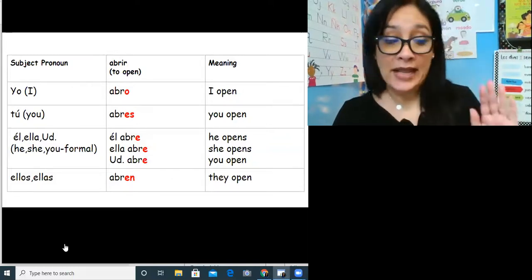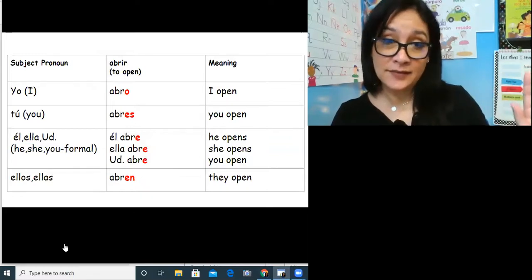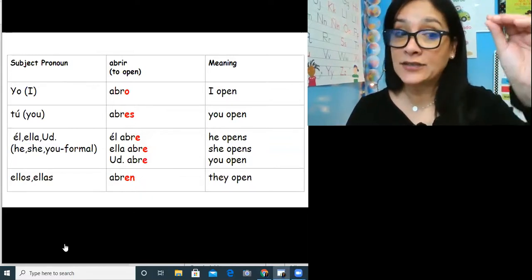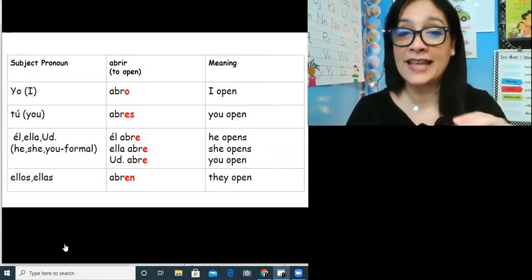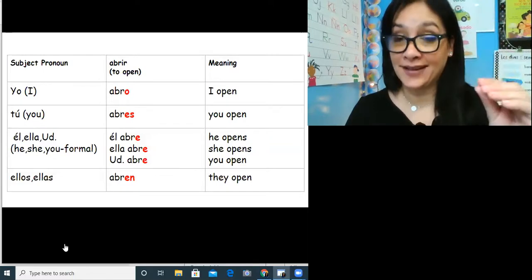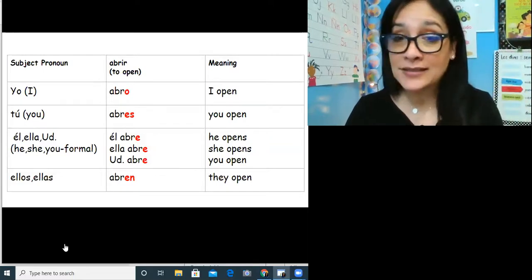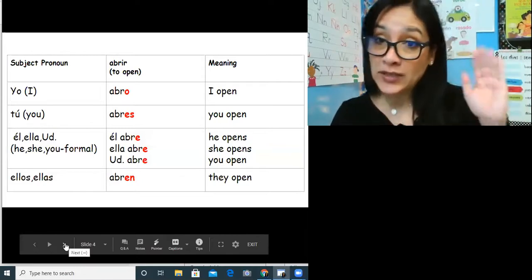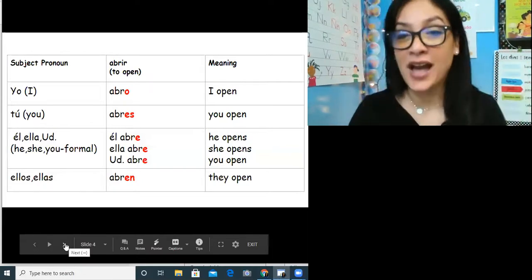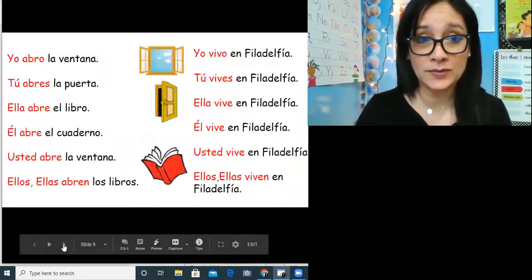They open, ellos abren. So again, we see the endings o, es, e, en. I'll say it again, o, es, e, en. And they are the same endings as the ER verb endings. So if you know the ER verb endings, then you know the IR verb endings that you're going to use.